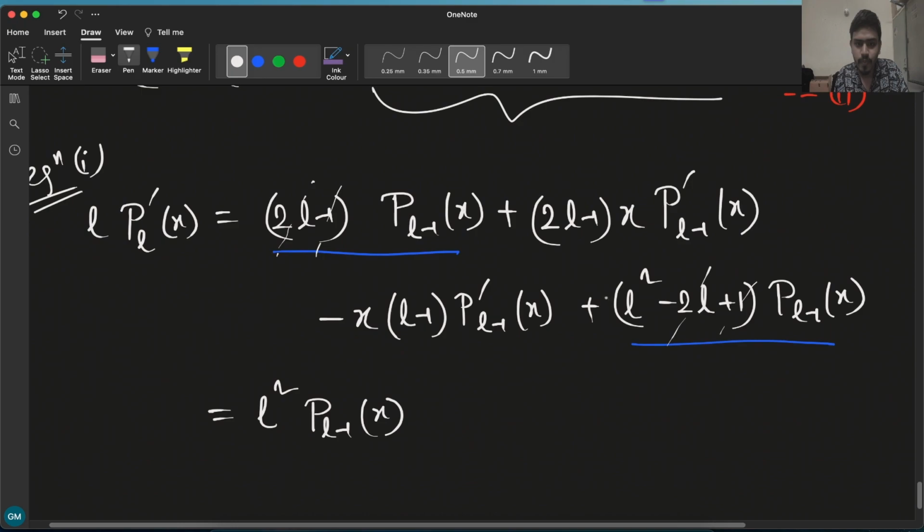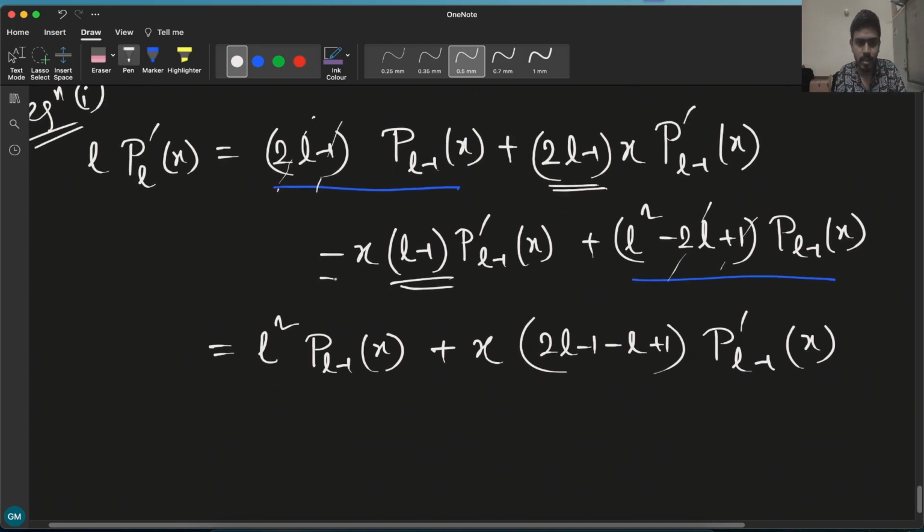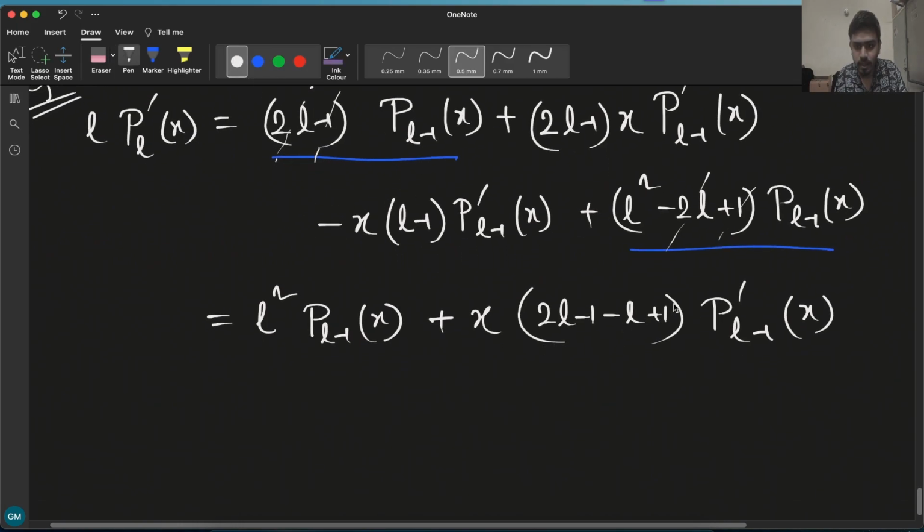And here, if I take x common and P dash of L minus 1x common, then we are left with 2L minus 1 minus L plus 1, from this term and from this term, and here there is a minus sign. So minus 1 plus 1 cancel, and then 2L minus L is L. So the whole term is nothing but L.